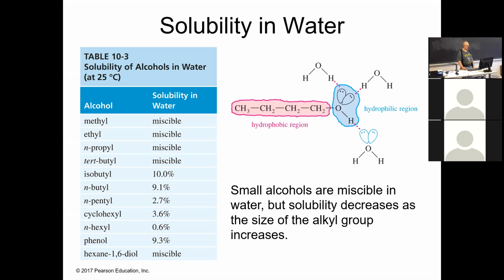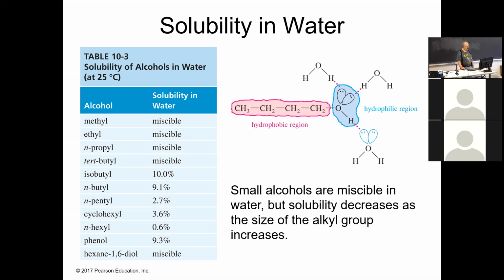Methanol, ethanol, propan-1-ol, tert-butyl alcohol are all miscible in water. We get to isobutyl alcohol, and solubility drops to 10%. And as the size of the R group increases, solubility goes down.